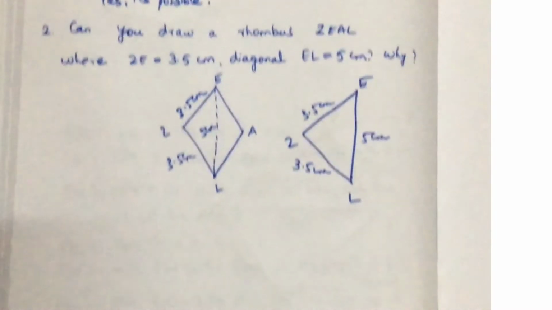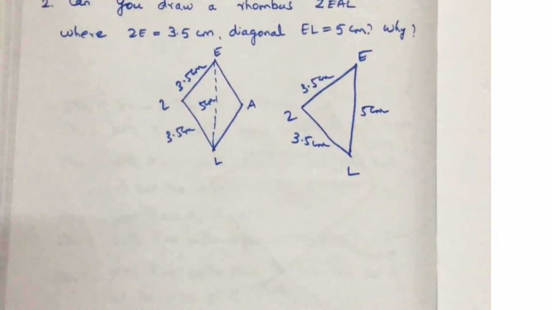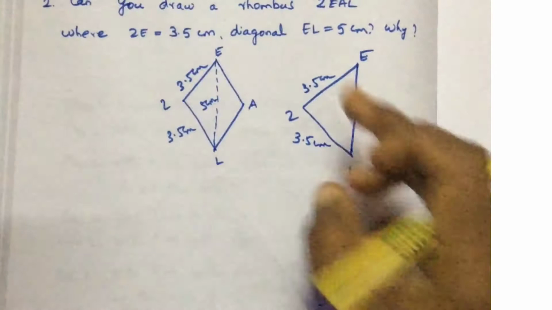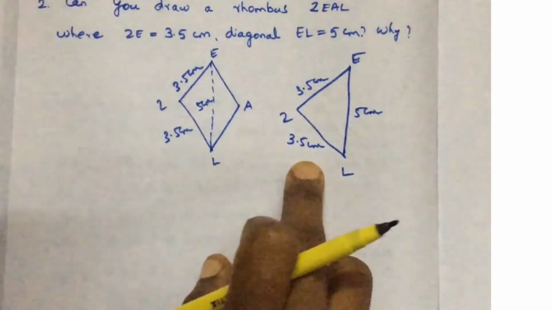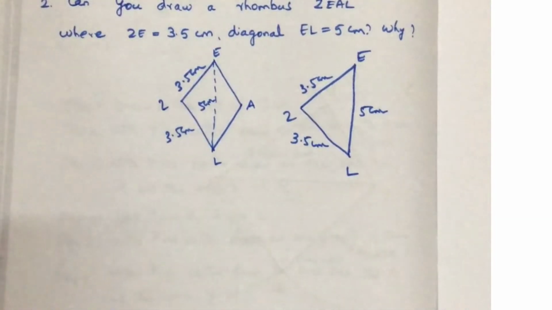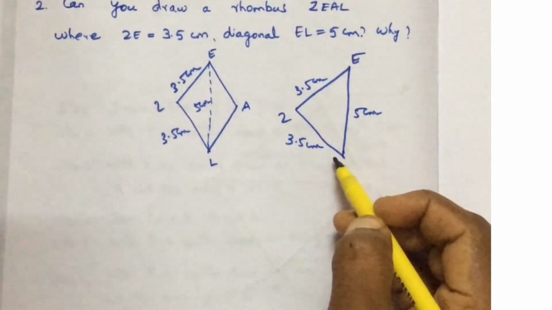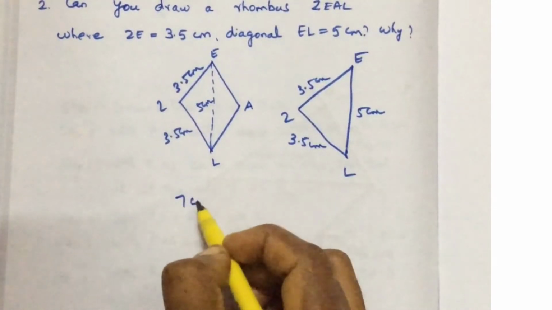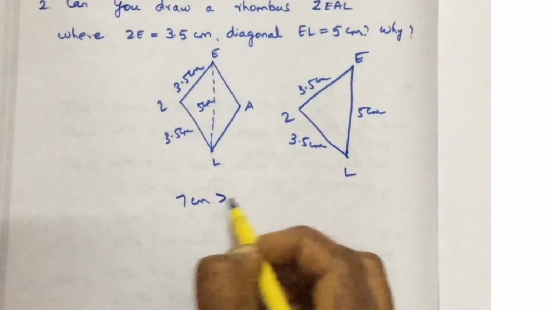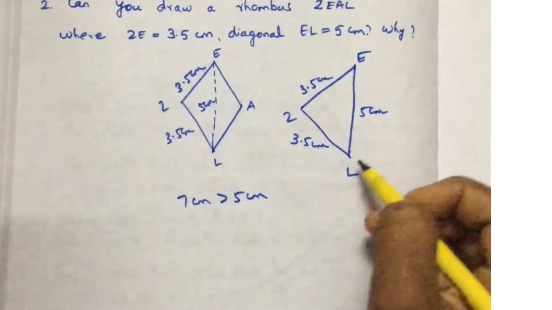So what is the condition? If you add any two sides in a triangle, then the length should be greater than the third side. Let me check. Let me add this 3.5 plus 3.5, that is 7 centimeter. So this 7 centimeter is greater than this 5 centimeter.